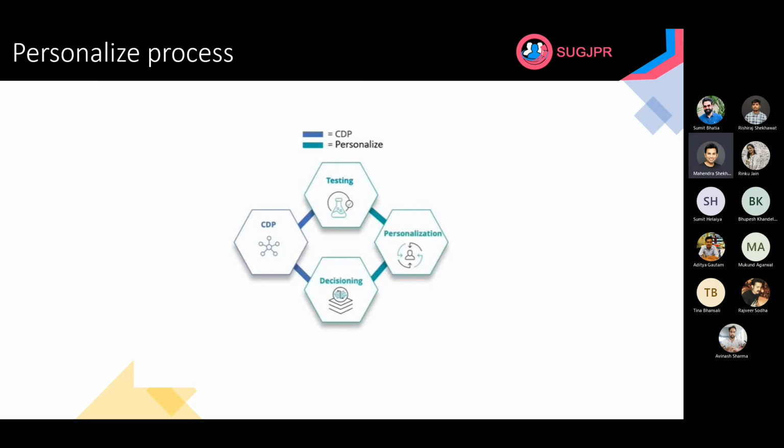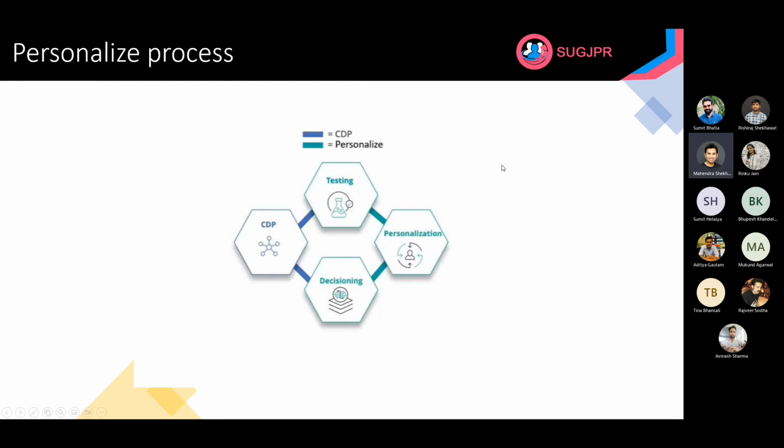Now we'll come to the personalization process. In this picture, you can see the blue section is the CDP. The CDP is the step which provides the data, and the personalization side covers testing, personalization, and decisioning in your personalization model.